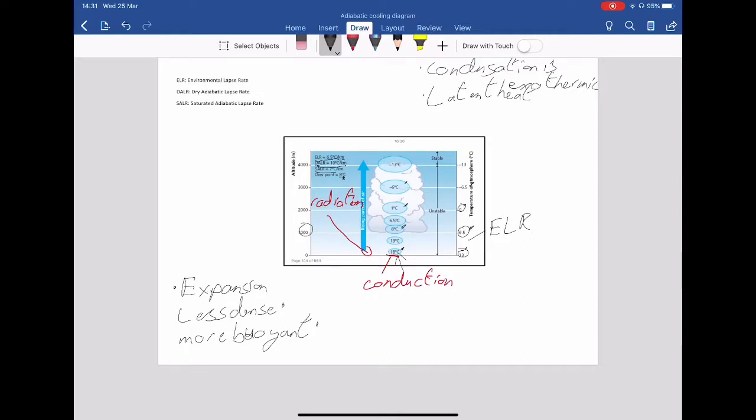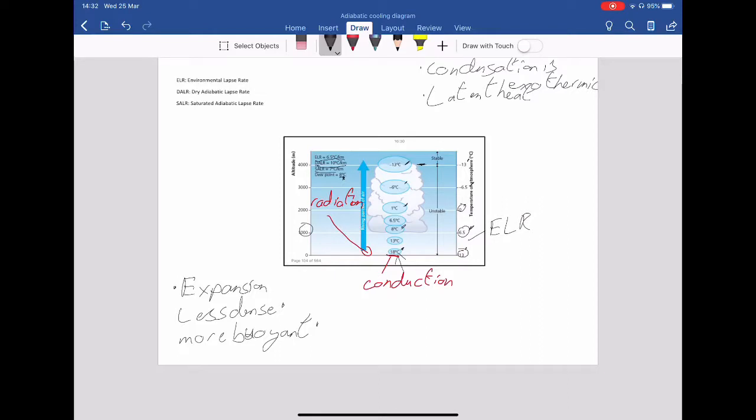So it's still warmer by half a degree, and it's still more buoyant. When it hits the final kilometre, it's another 7 degrees, so it's now at -13. The surrounding air is at -13, therefore the pocket of air stops rising, and this is the top of the cloud. It can't go any further because it is now in equilibrium with the air around it. Okay.